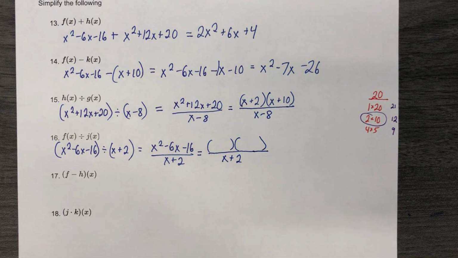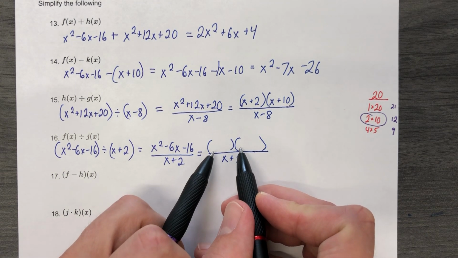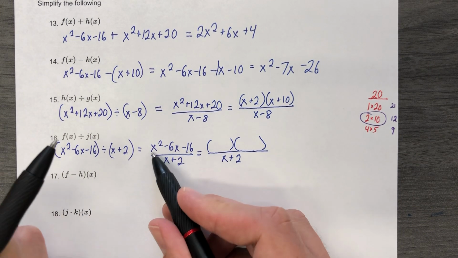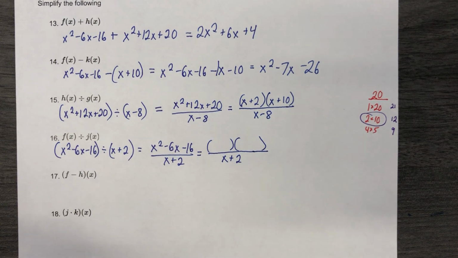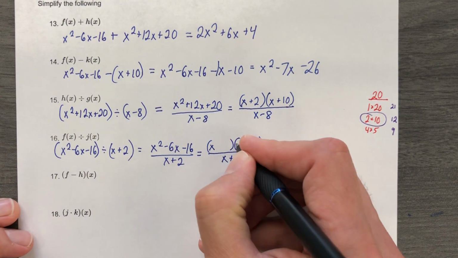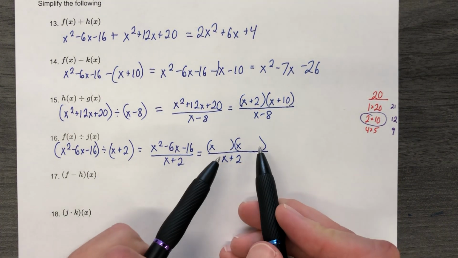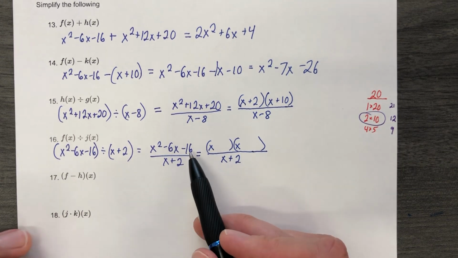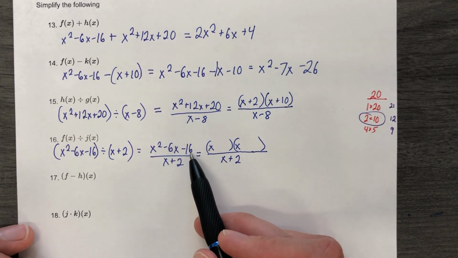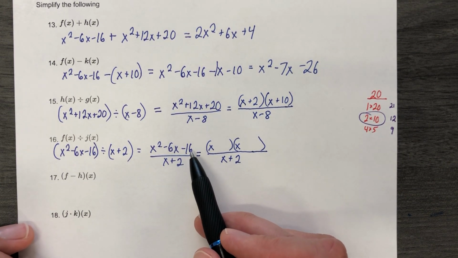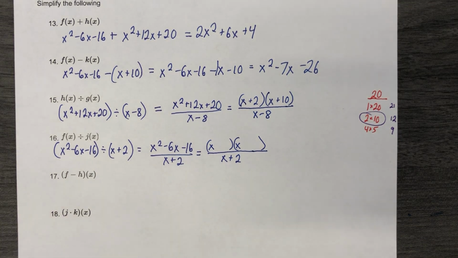Okay, so let's grab some things in point. I need to multiply those two terms together and get x squared. Well, the best way to do that is x times x. I need to be able to multiply those two together and get a negative 16. Okay, well, let's explore our options.